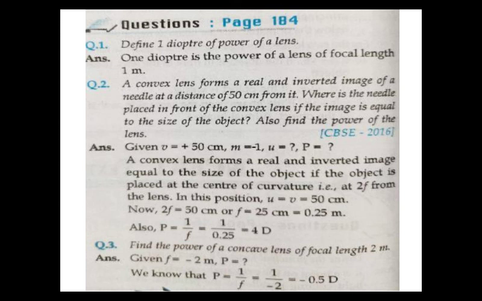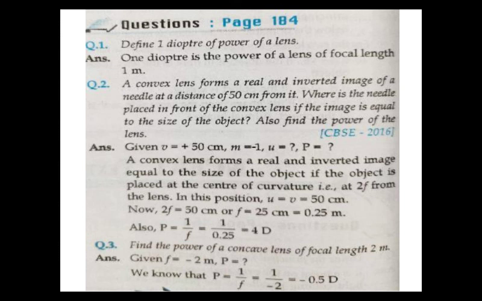Then you have to find u and p. By putting the values, m is equal to v by u, you can find u is equal to 50 centimeter. Actually u will be minus 50 centimeter here. Minus shows the direction of the position of the object.